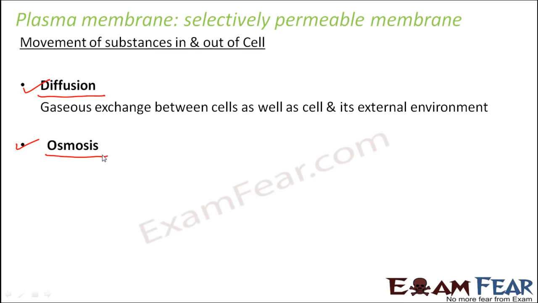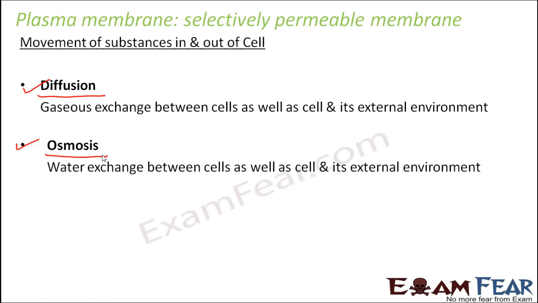When we talk about diffusion, we basically talk about particles. When we talk of osmosis, we mostly talk of water. In these processes, the movement of the substance takes place from a region of higher concentration towards a region of lower concentration. We'll talk about that a little later because we are going to discuss diffusion and osmosis separately in detail. Here we need to know that plasma membrane will allow things by the process of diffusion and osmosis.